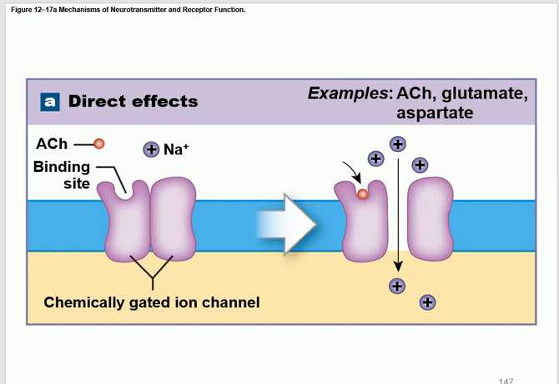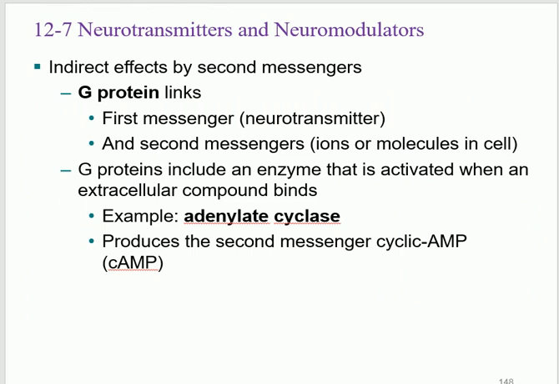So here is acetylcholine binding the receptors, opening the gates for sodium, sodium moving in, or sometimes it works indirectly through G protein. If it works indirectly through G protein, it will work as the first neurotransmitter, and then you're going to release something else called a second messenger.